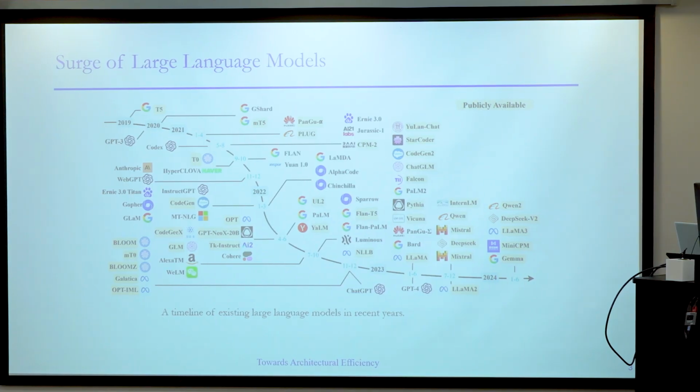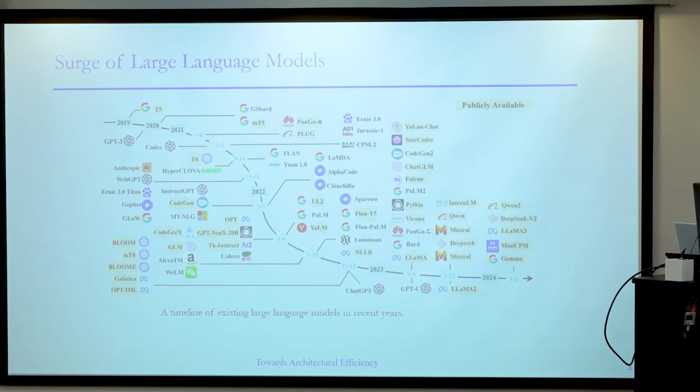And of course, OpenAI, I should not forget it. At first glance, there are more open source models. However, actually, most of these open source models only have model weights, and the training data and details are missing. You can also see that more and more large language models are available after ChatGPT.